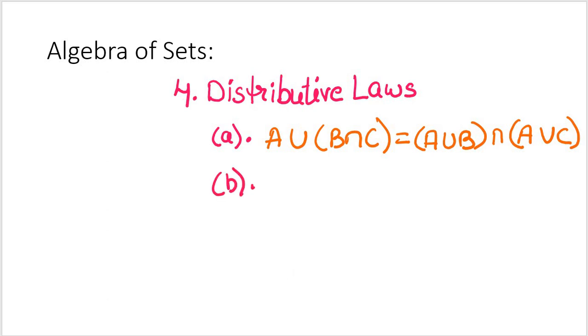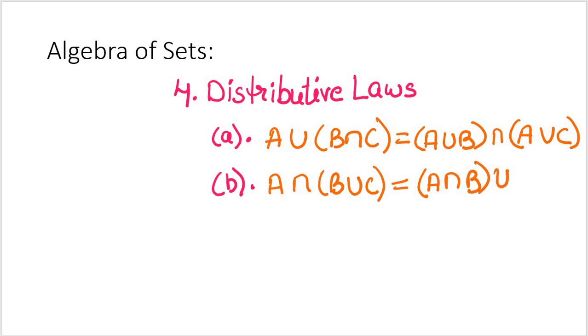Similarly, I can have another option where I'll have A intersection B union C, which will be equal to A intersection B union A intersection C. So this was the distributive nature.